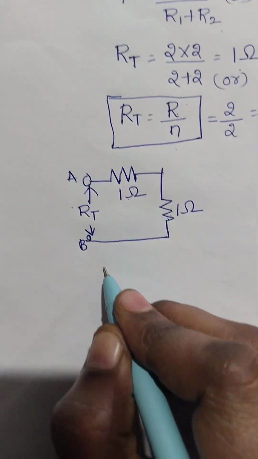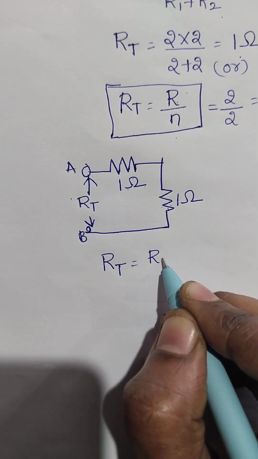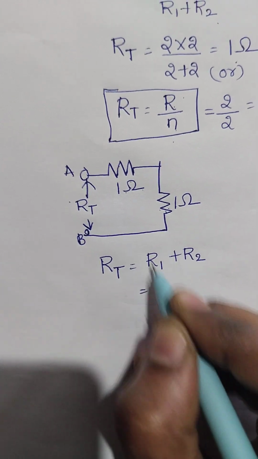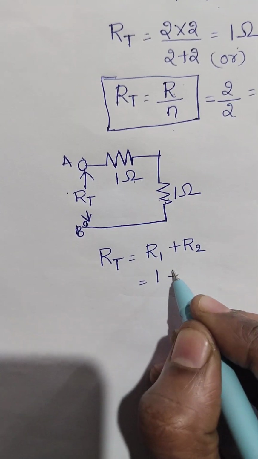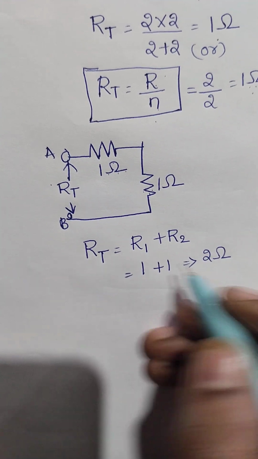When two resistors are in series, the formula is R1 plus R2. R1 is 1 ohm, R2 is 1 ohm. Total is 2 ohms.